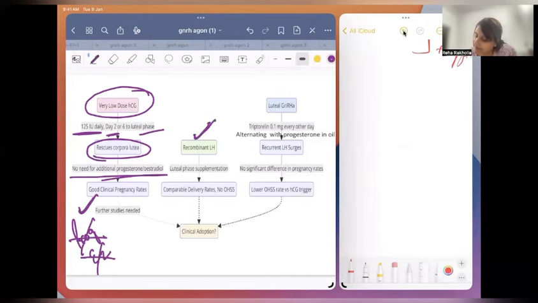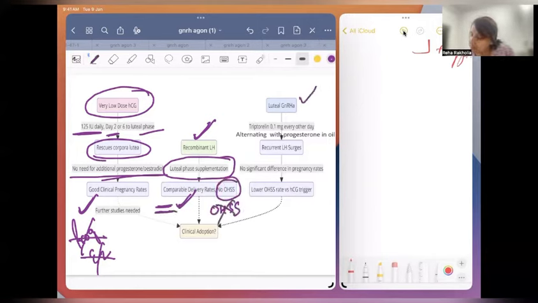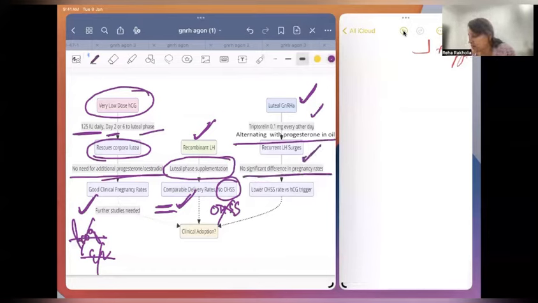Then recombinant LH luteal phase supplementation, delivery rates are comparable, but no OHSS. Then luteal GnRH agonist, triptorelin 0.1 mg every other day, alternating with progesterone in oil, recurrent LH surges, no significant difference in pregnancy rate, lower OHSS compared with HCG trigger.